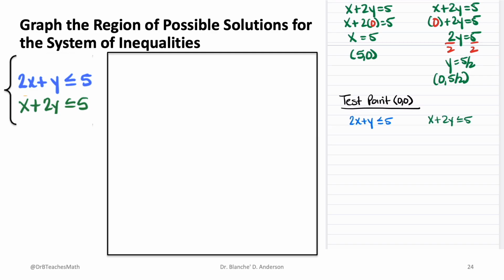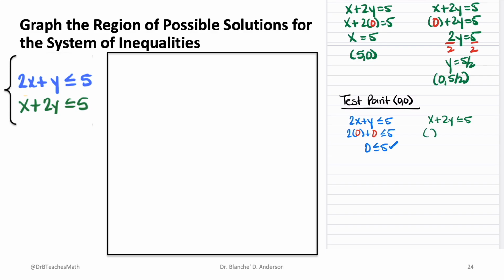So if I do 0, 0, that's going to be 2 times 0 plus 0 is less than or equal to 5. That becomes 0. So your question is 0 less than or equal to 5? It works for that. Let's see if it works for this equation over here.